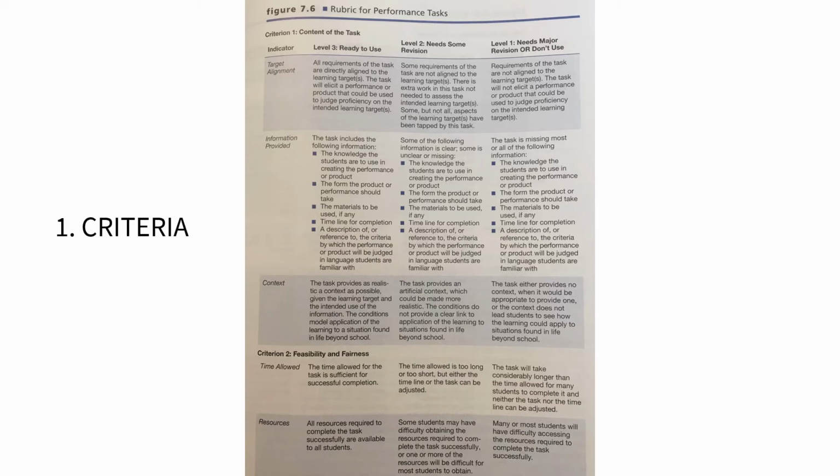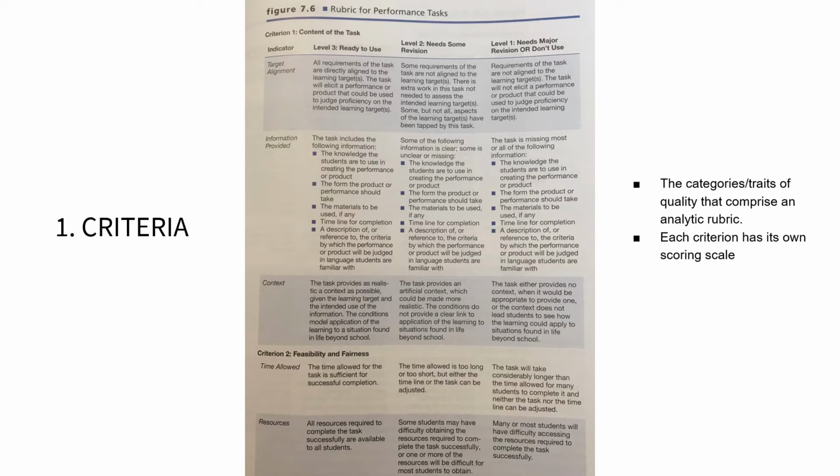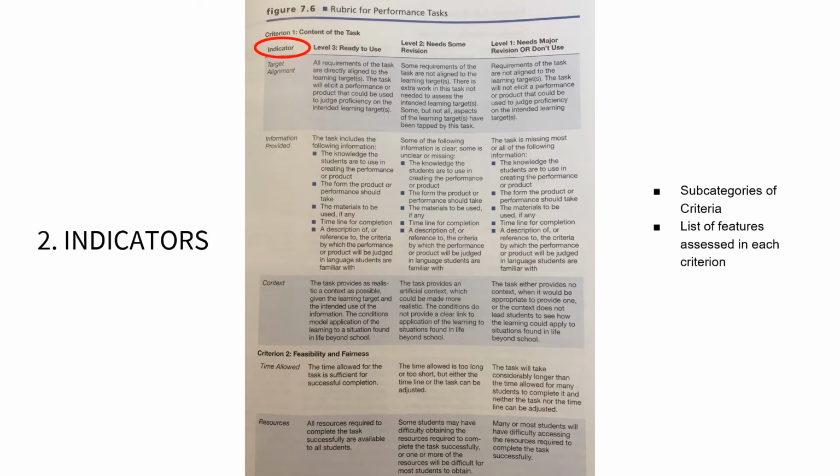The first feature we look at is criteria, which are just the overarching categories of quality in the rubric. In this rubric, you can see the first 2 of the criteria are content of the task and feasibility and fairness. Within each criterion, there are subcategories called indicators. These are individually assessed for quality.